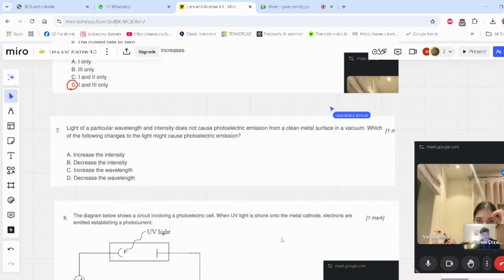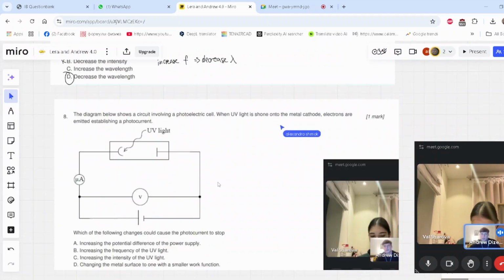If you want to increase the energy, you have to decrease wavelengths. Frequency increases, but wavelengths are always the opposite, they decrease. If the wave is shorter, this wave has more energy.